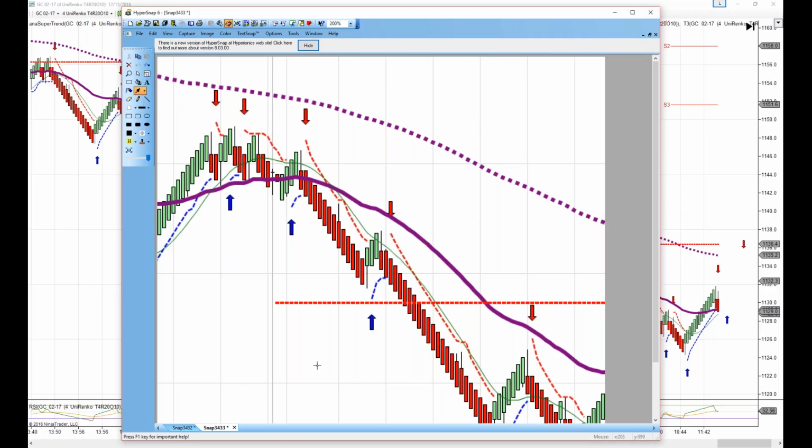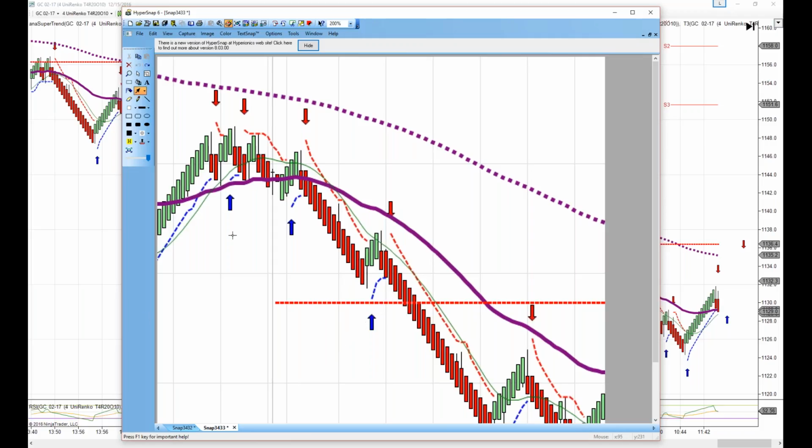The 50 moving average, which is the dark purple line, needs to be under the purple dots, which is the 200 moving average. That's number one. In a downward trend, if we're going to trade, the 50 moving average has to be under the 200 moving average.